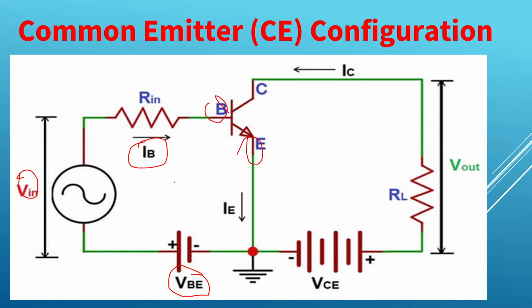What are our output parameters? Output parameters are collector current, Vout, and VCE, the collector emitter voltage.